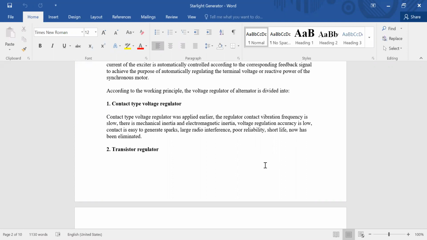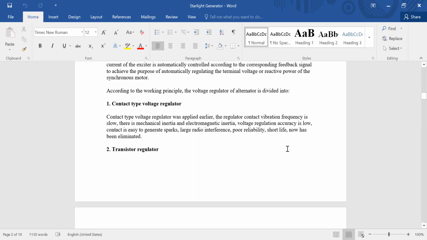So there is a mechanical inertia and an electromagnetic inertia. Voltage regulation accuracy is low. So contact is easy to generate sparks, large radio interference, poor reliability, a short life, now has been eliminated.